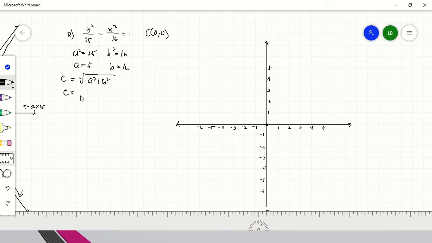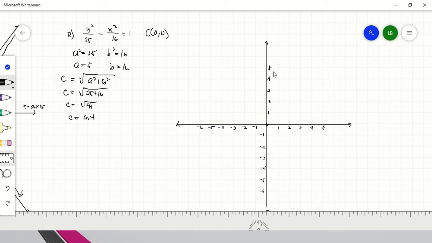So, c equals square root of 25 plus 16. So, c equals square root of 41. So, c equals approximately 6.4. So, meron tayong a, b, and c. A is 5.